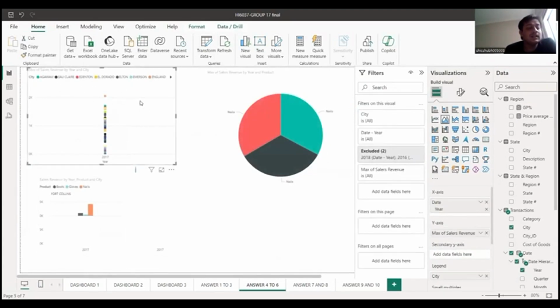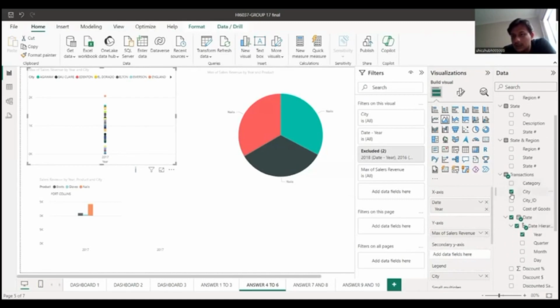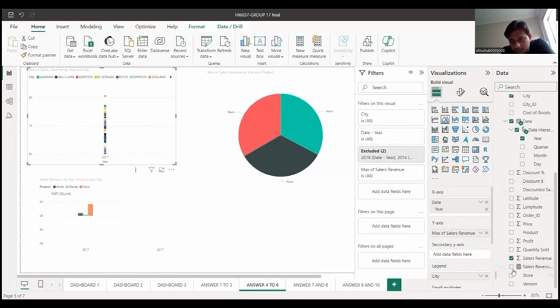Fourth question is which city has the maximum sales price in 2017, and how much is that? For that, I choose an area chart. I take city, year, and sales revenue. So I found that Fort Collins in 2017 has the maximum sales revenue, which is 2053.68.